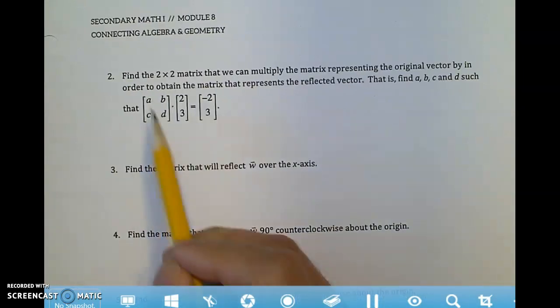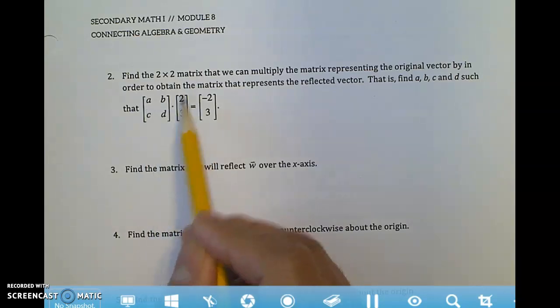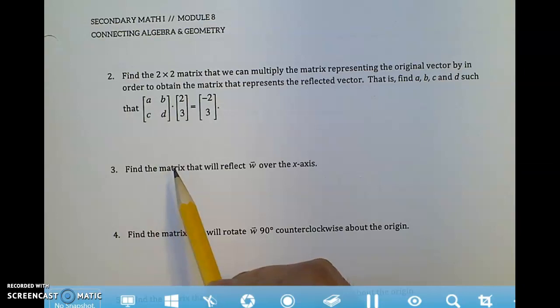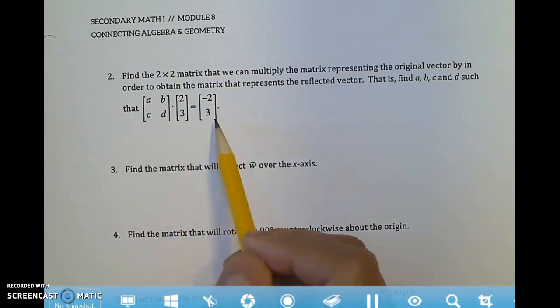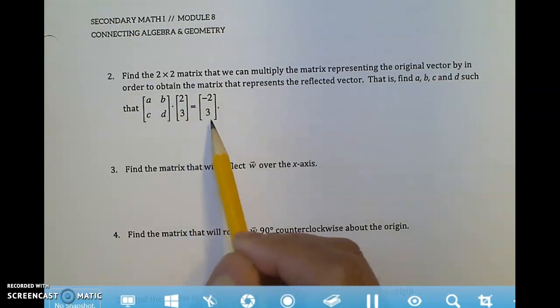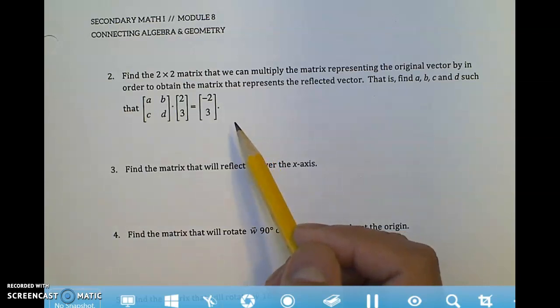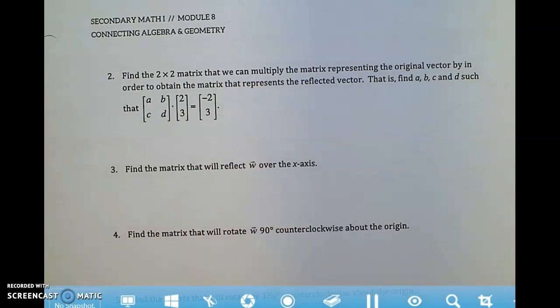Here we're trying to find these A, B, C, D values that, when we multiply them by our original matrix W, give us the reflected vector W. Pause the video here for a moment and see if you can figure out what the A, B, C, D values are.